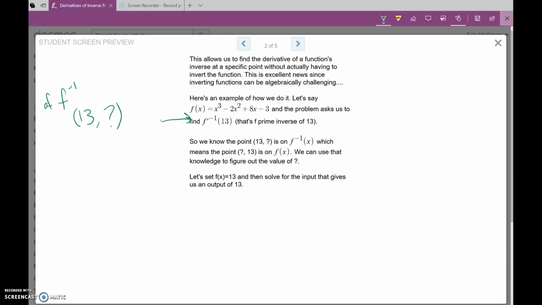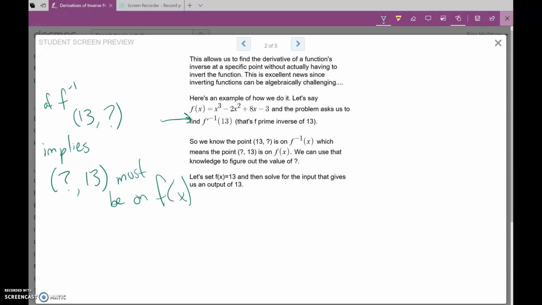Well, this tells us that if the point 13 comma question mark is on f inverse, that means that the point question mark comma 13 must be on f of x. And we do have an equation for f of x.